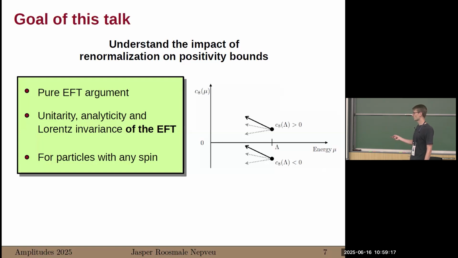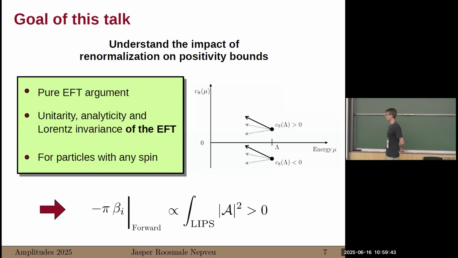And my derivation will hold for any spin, where if you want, you can interpret it as spin less than or equal to 2. This plot I will return to later, but the type of questions are, given some value of the Wilson coefficients at the matching scale, do we expect them to increase or decrease, and can they become negative at lower energies due to renormalization?